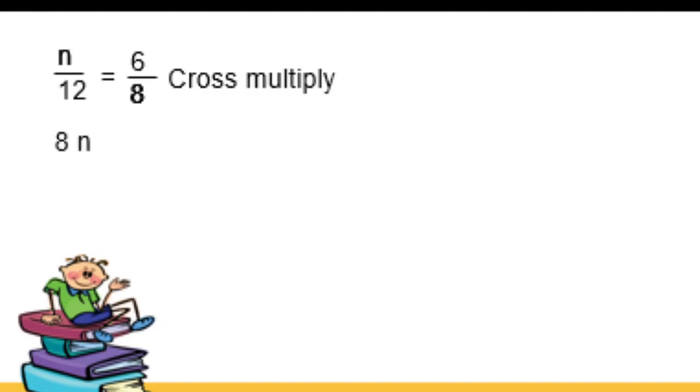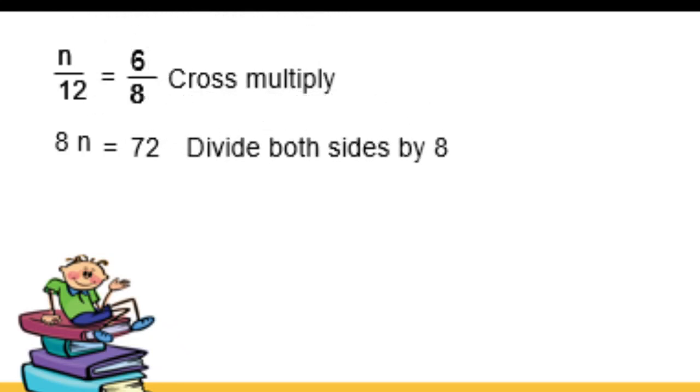And then 6 times 12, you have to multiply 12 and 6, and that is equal to 72. And then divide both sides by 8. So 8n divided by 8 is equal to 72 divided by 8. So 8 divided by 8 is n, and 72 divided by 8 is equal to 9.